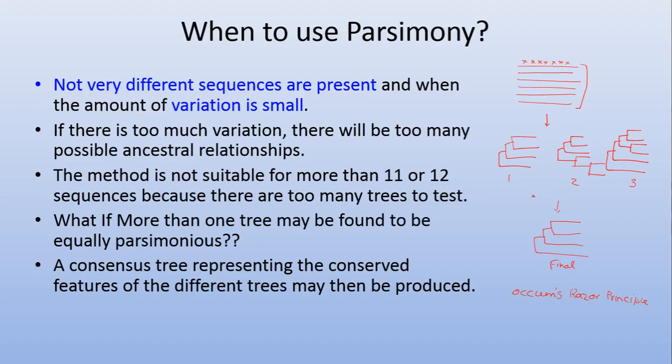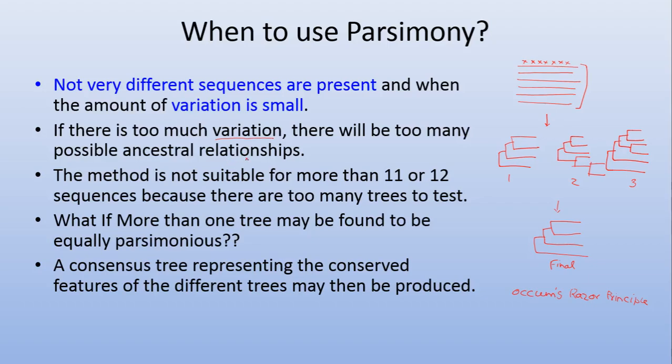Now if you use a multiple sequence alignment where variation is very high, that variation might result in many possible ancestral relationships, and thus you might end up with a very erroneous number of trees.